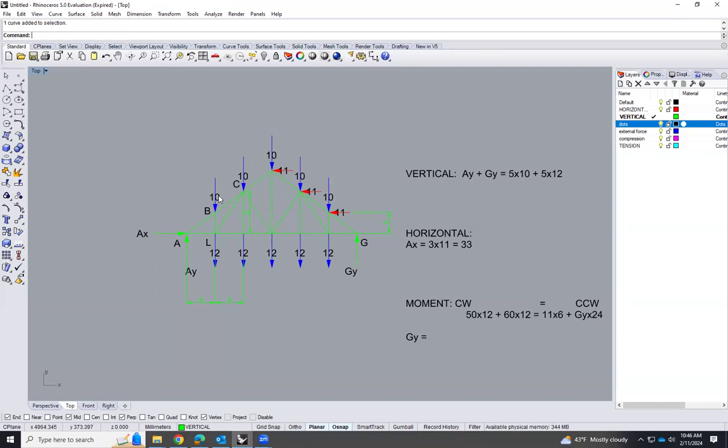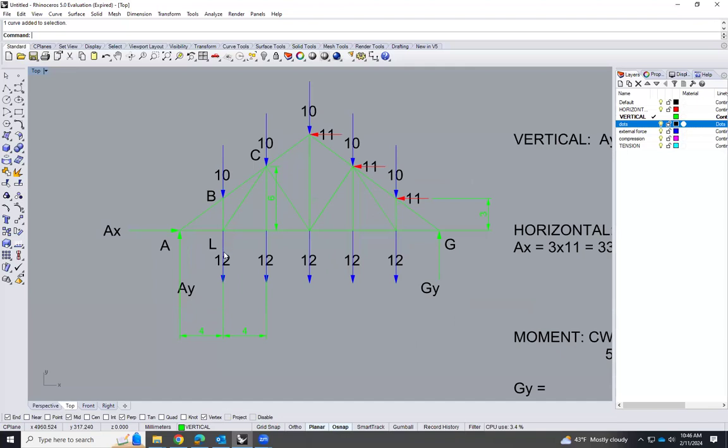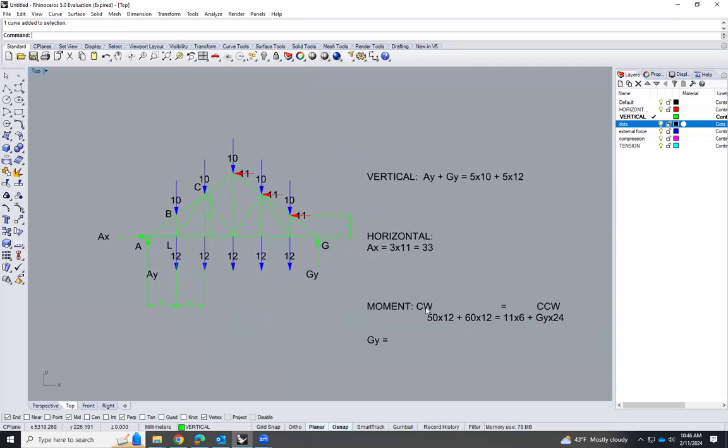All the vertical forces, if we apply this force here, we will have a rotation in this direction. So that's clockwise. Every vertical force will have that effect. So on the clockwise part of the equation, we have 50 times 12 and 60 times 12.